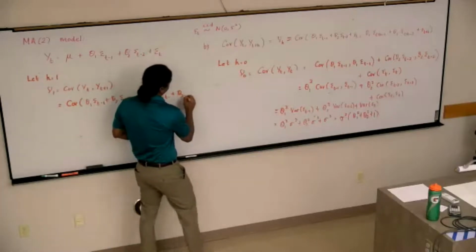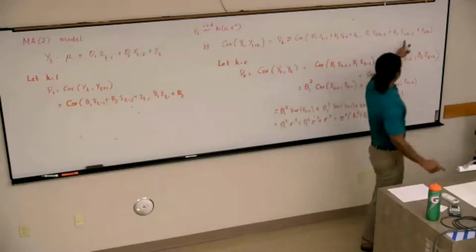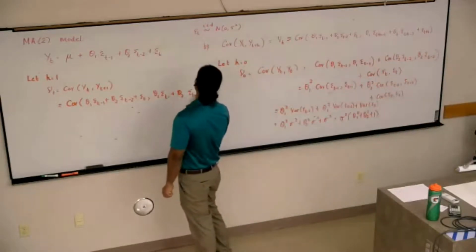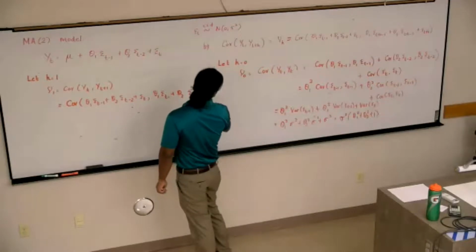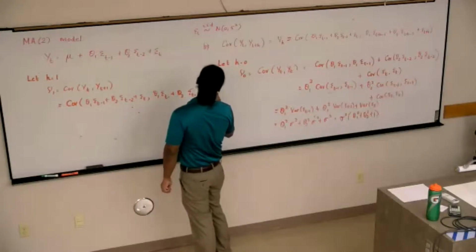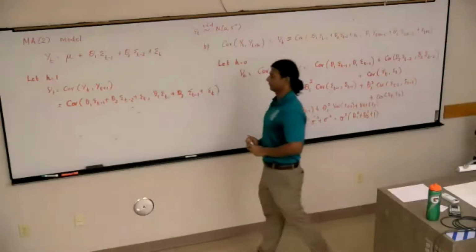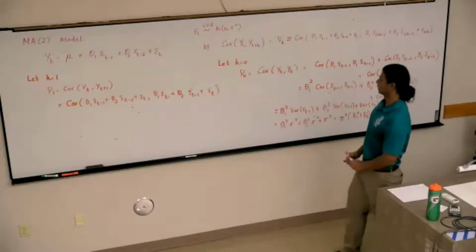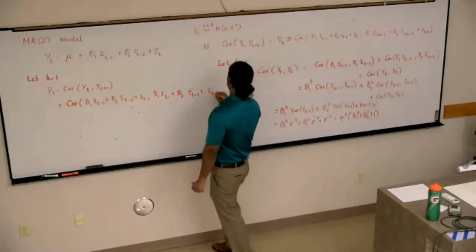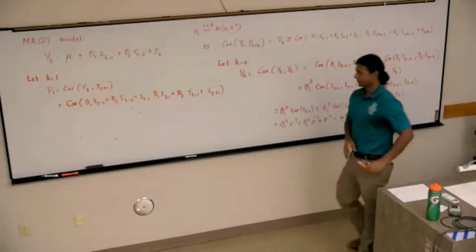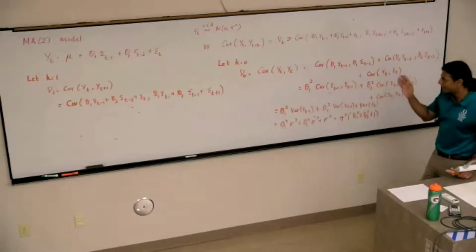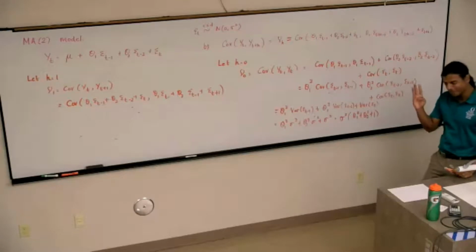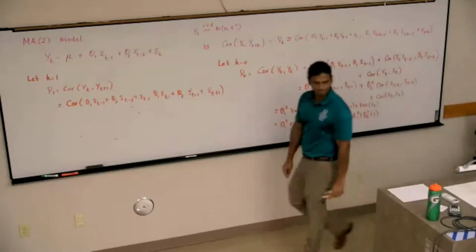When I plug in h equals 1 here, 1 minus 2, epsilon t minus 1. The last term, when I plug in 0, it's simply epsilon t. That would be epsilon t plus 1. Thank you, Alex. Because h is 1 now. When I was at h equal to 0, I was thinking about h equal to 1, and now I'm thinking backwards.